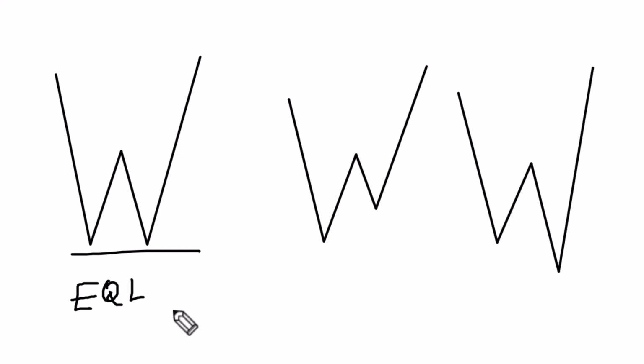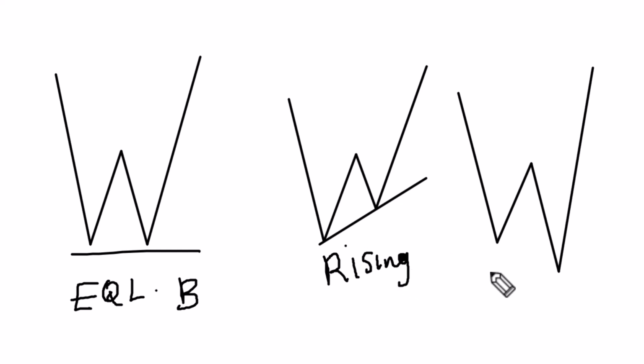EQL means equal lows, double bottom, equal lows, double bottom. And right here we have what? We have a rising bottom, rising double bottom, and at the point right here we have a falling bottom.